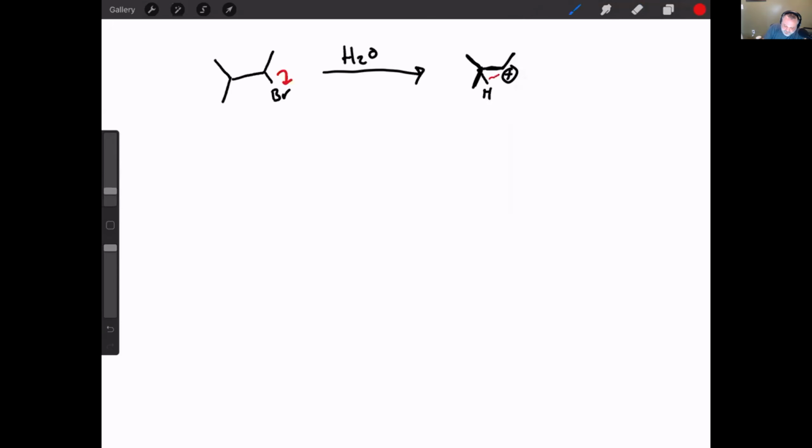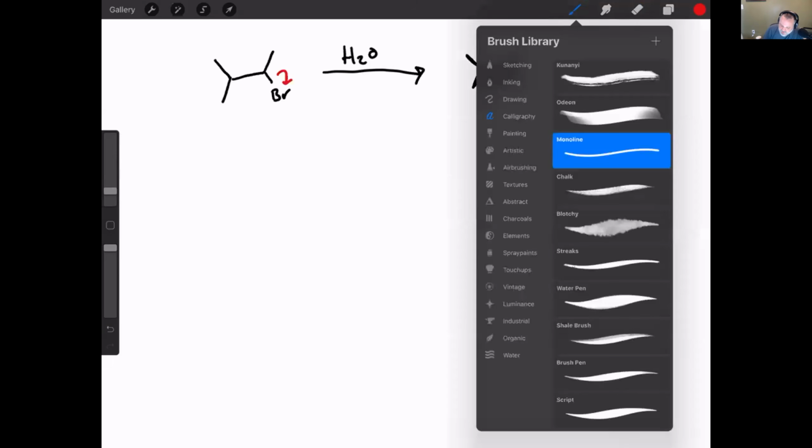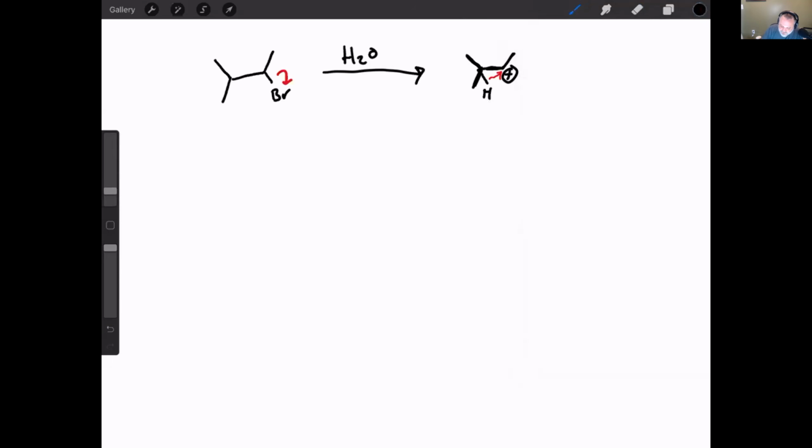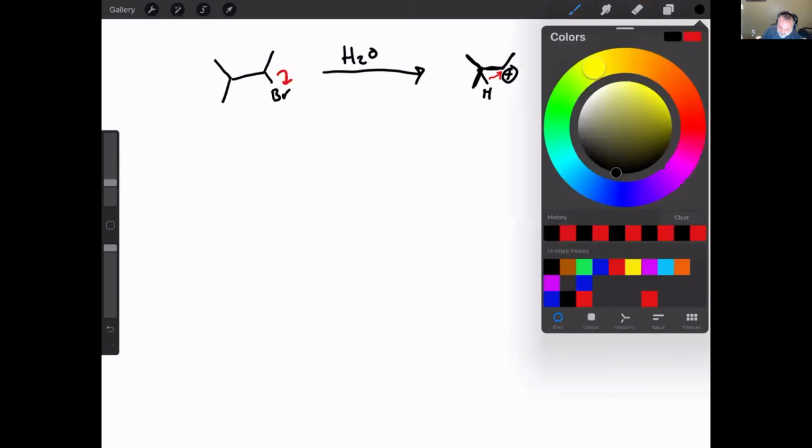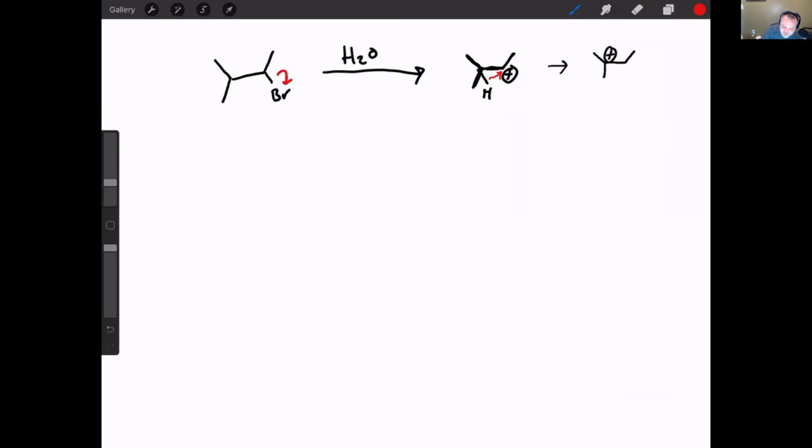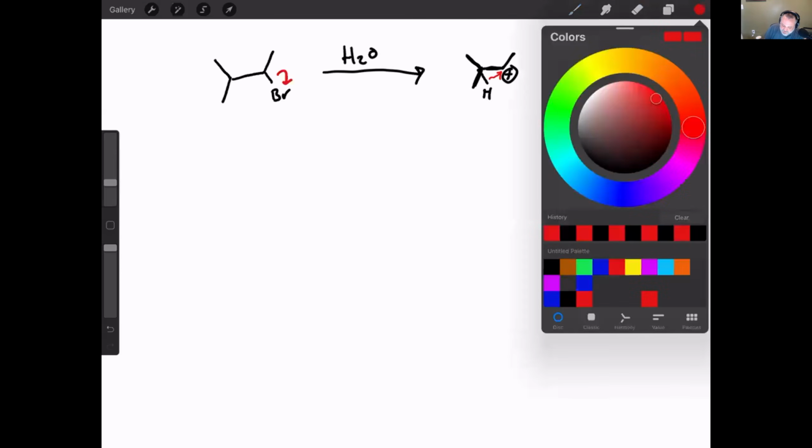And that hydrogen can do a hydride shift. And if that hydrogen does a hydride shift, then I end up with a more stable carbocation. I now have a tertiary carbocation. Now that I have that tertiary carbocation, water can act as two different things.